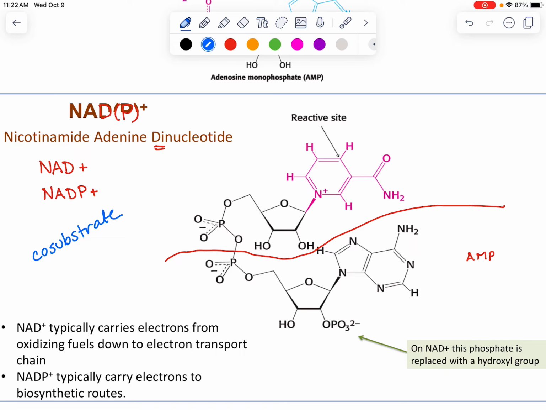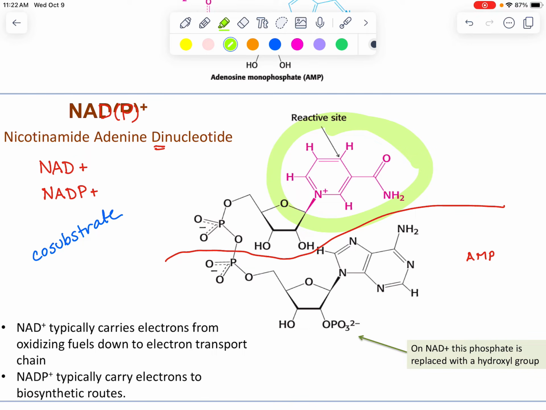So it'll be together in the active site with something that's being oxidized or reduced. So if something's being oxidized or reduced, there has to be something else there to either give or take those electrons. This is a huge molecule, but if we look at it, we have this reactive site up here. That piece will be the piece that goes into the active site.